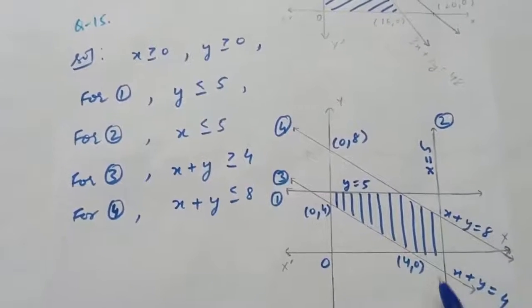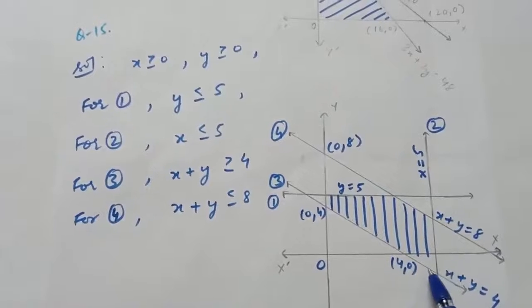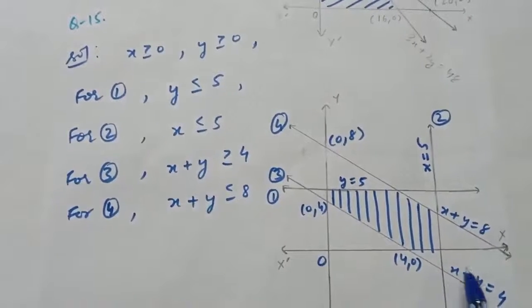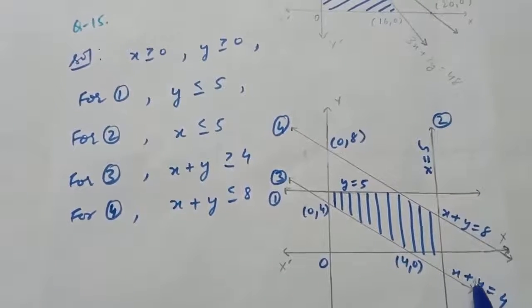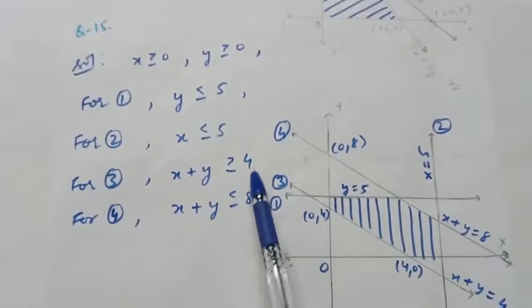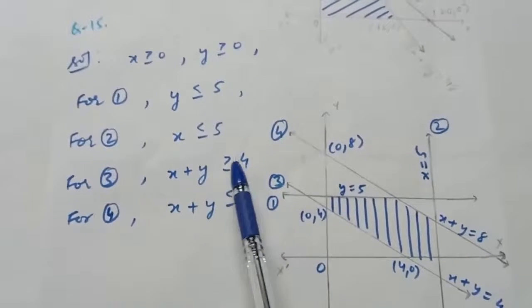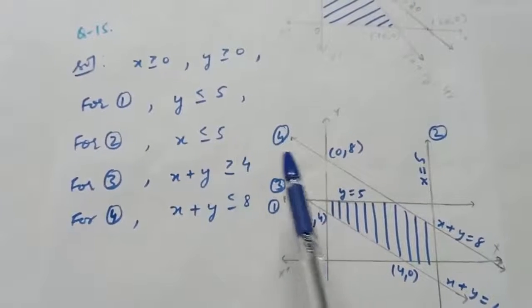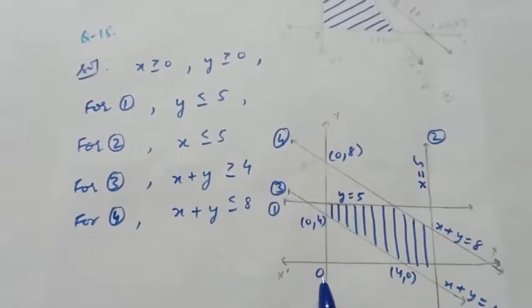That is, this inequality should not satisfy the origin test. So if you put in place of x, y the value 0, 0 greater than 4 will be a false statement, right? So we will take greater than because we want this should not satisfy the origin test.